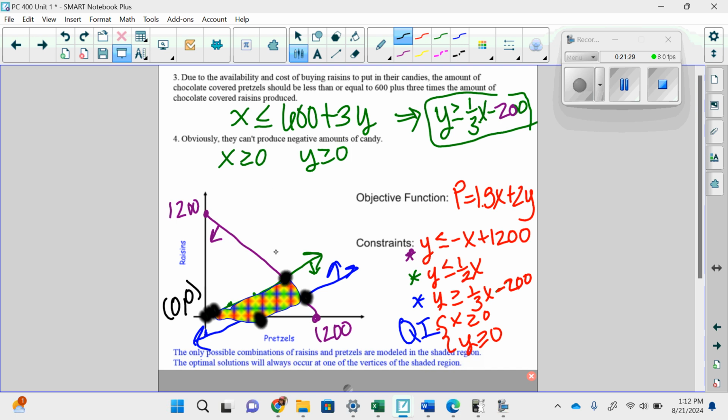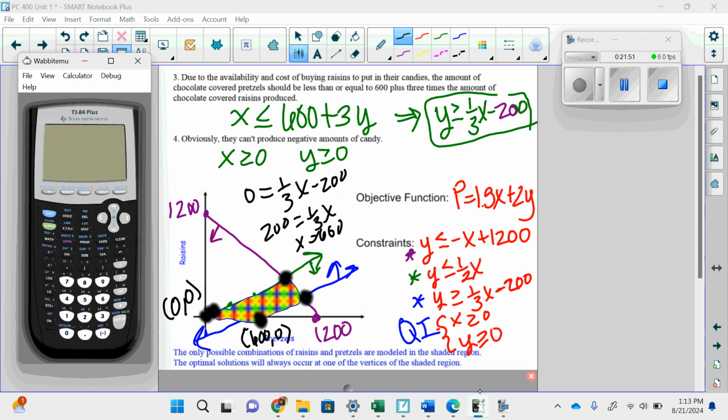So if I just add the 200 over, multiply by 3, we get 600. So I know that that's at 600 comma 0. But these two intersections, let's use our calculator to find those.